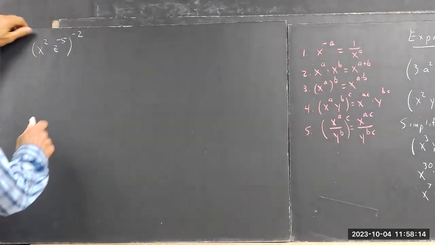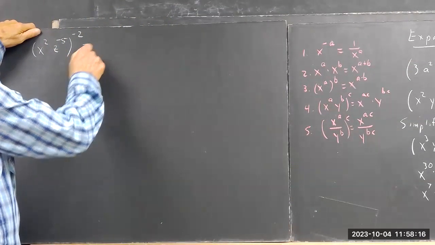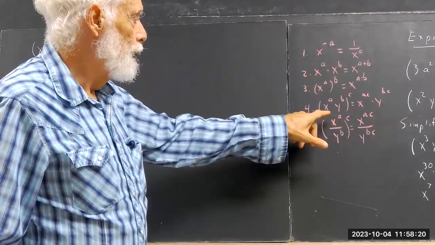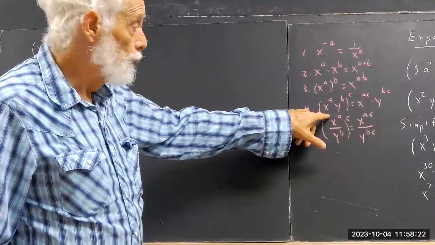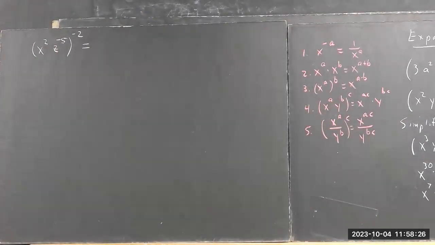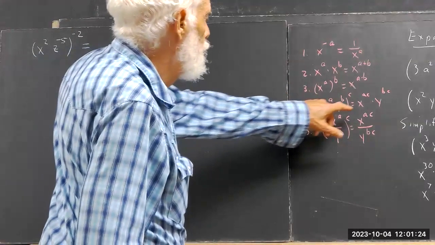So by the second rule, what's the second rule tell you? I'm sorry, the fourth rule. What's the fourth rule tell you should do here? Okay, now apply this rule.